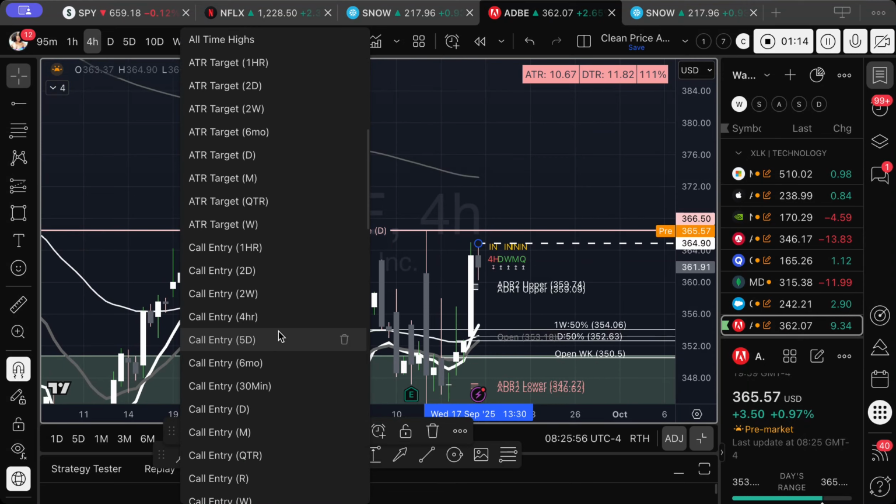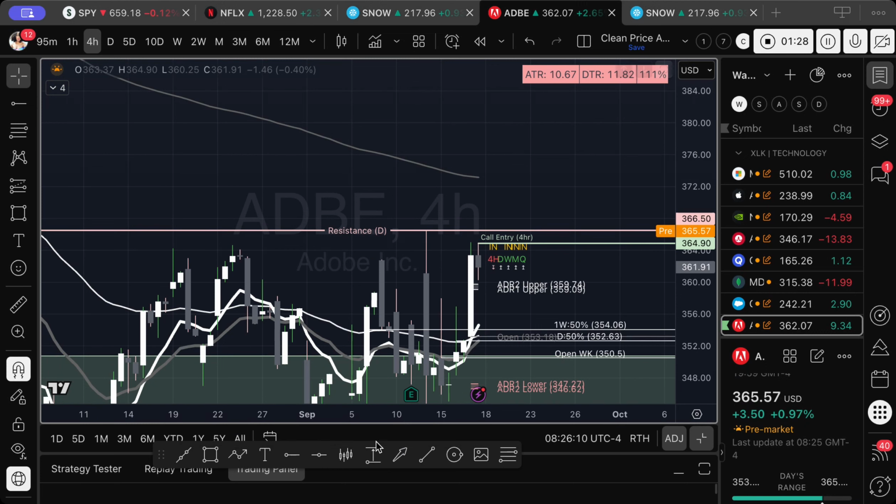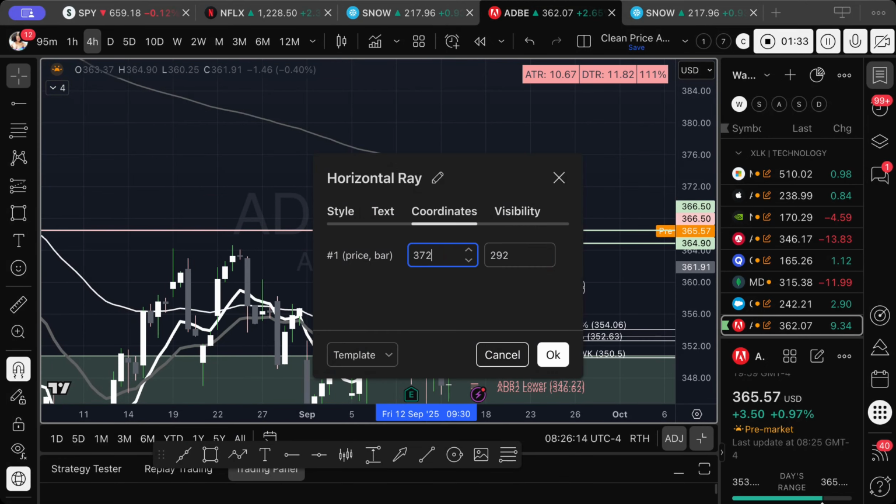So we have the call entry on the 4 hour, and then let's figure out what our magnitude is. So we're looking at 372.58 to the upside. And let's see here.